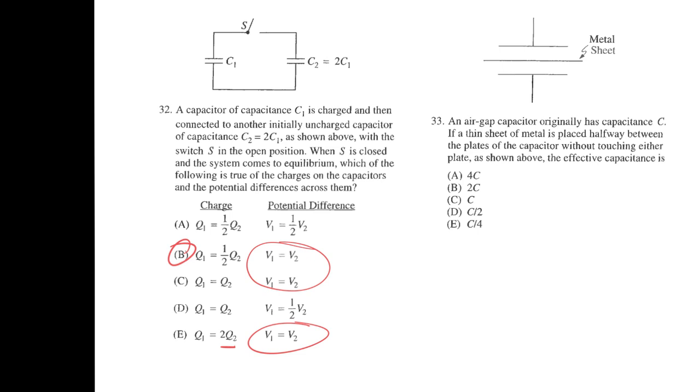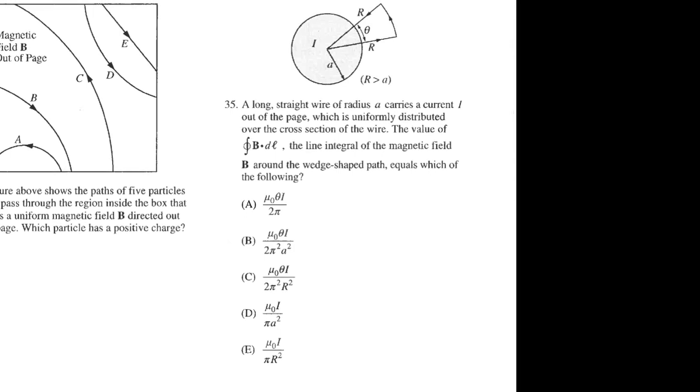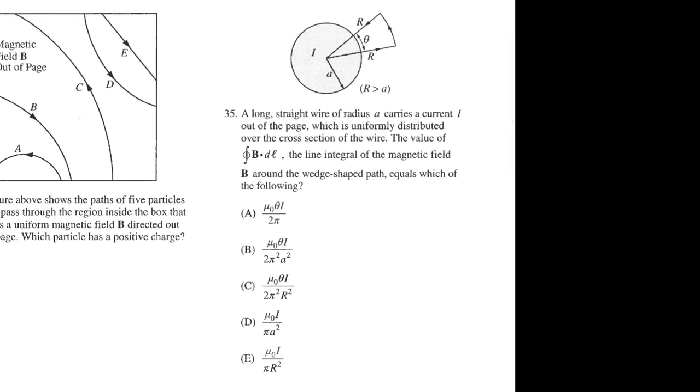21. A long straight wire of radius A. Okay, so we are looking down the length of the wire, of radius A, carries a current I out of the page, which is uniformly distributed over the cross-section of the wire.